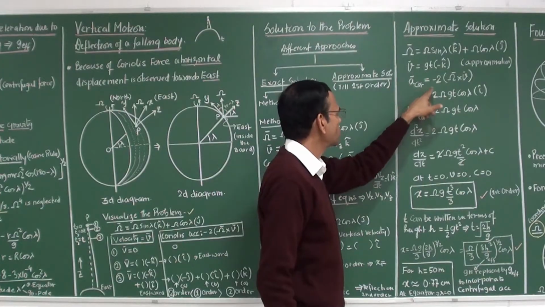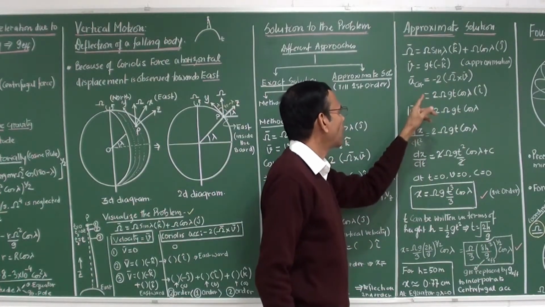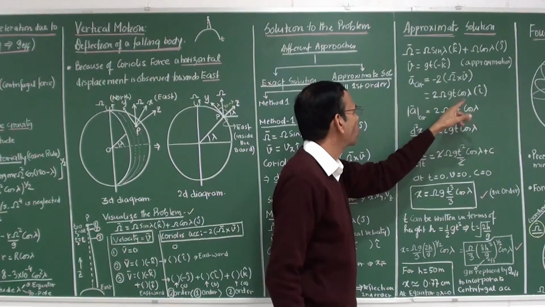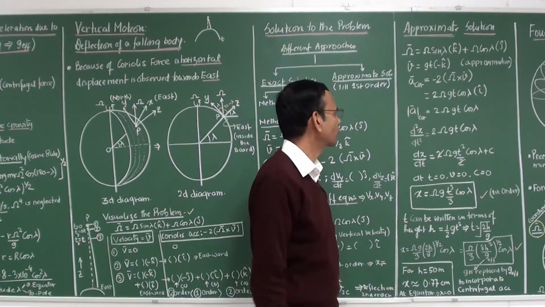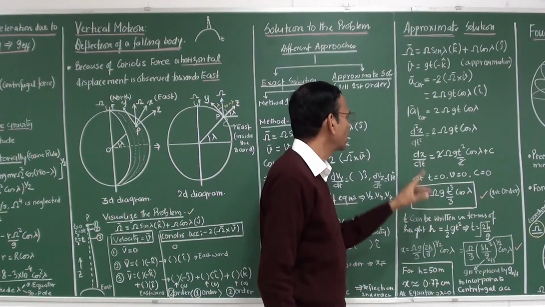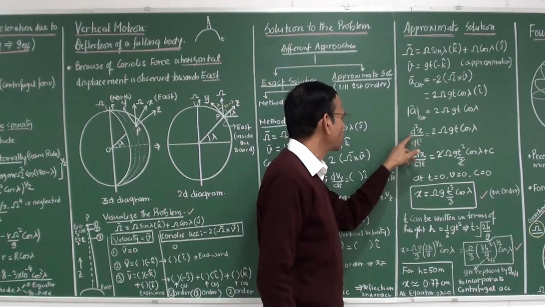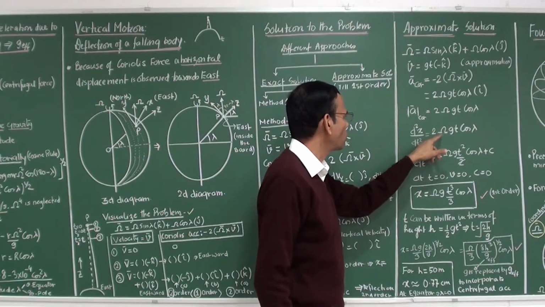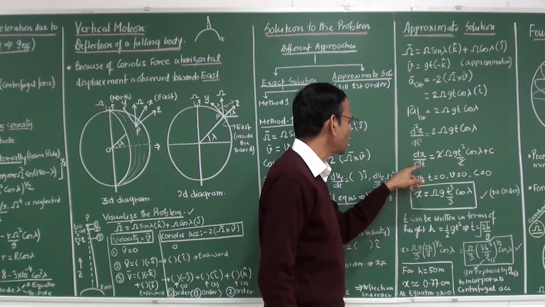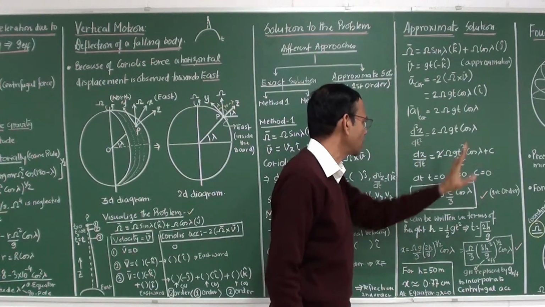So A Coriolis is minus 2 omega cross V, and if you do the calculation, it is 2 omega gt cos lambda i. So the magnitude of A Coriolis is 2 omega gt cos lambda, equal to d2x by dt square. Integrating, you get dx by dt equal to omega g t square cos lambda plus c.